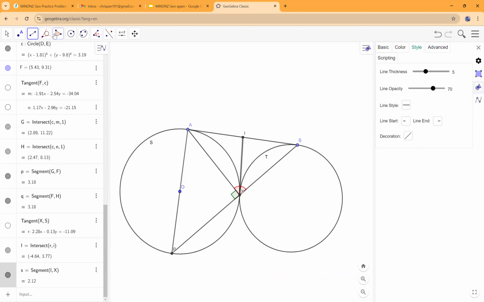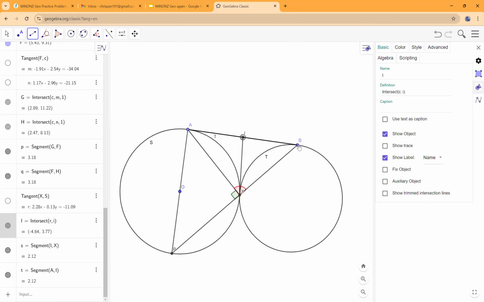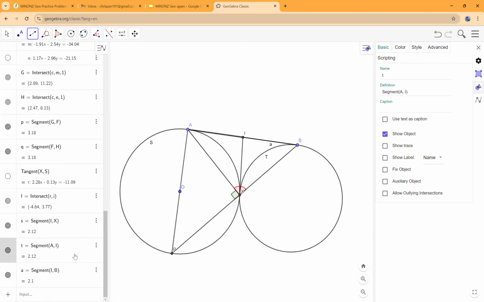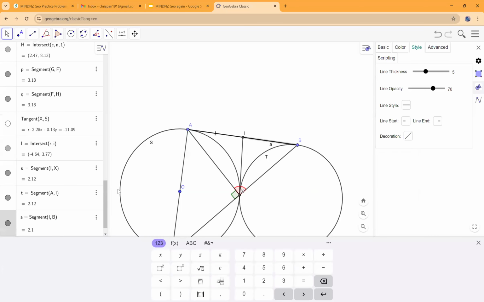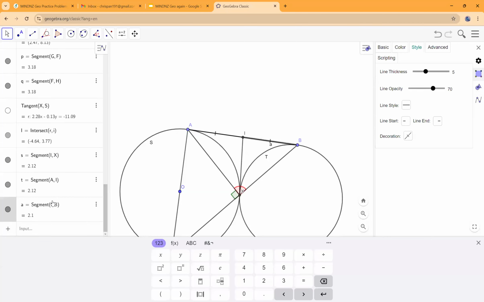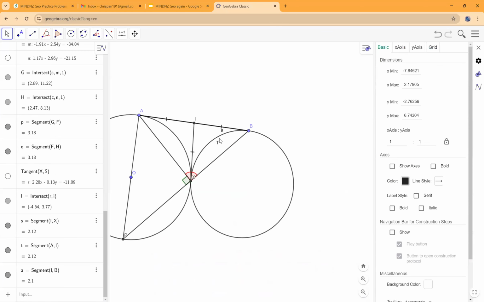So what that tells us is that segment IA is equal in length to segment IX because of the property of equal tangents on circle S. But then also segment IX is equal in length to segment IB because of the property of equal tangents on the circle T, right?